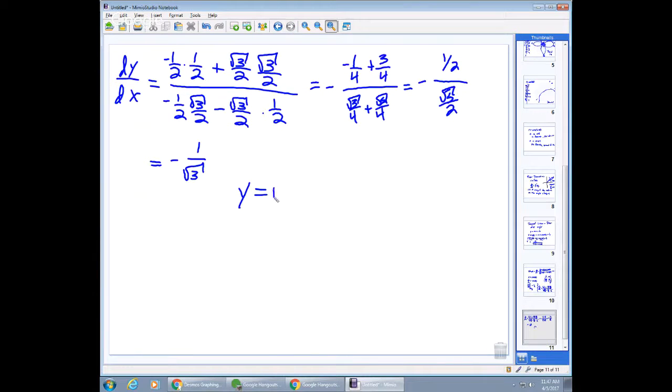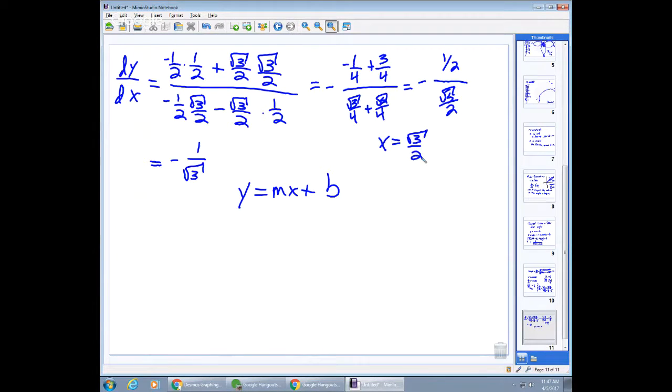Normally, we have y equals mx plus b. And so we have to calculate x and y to do that. Excellent. So x, remember, is r cosine theta. R at this point is square root of 3 over 2.